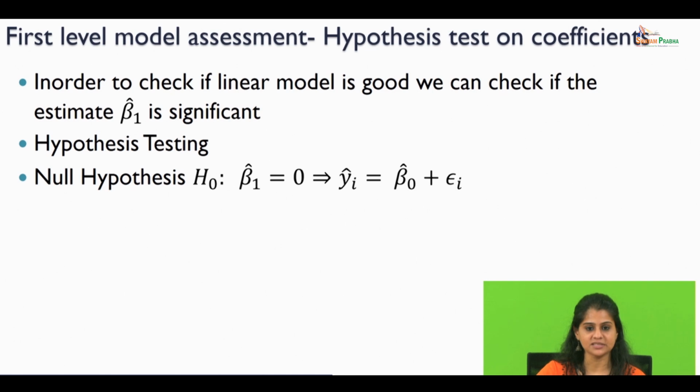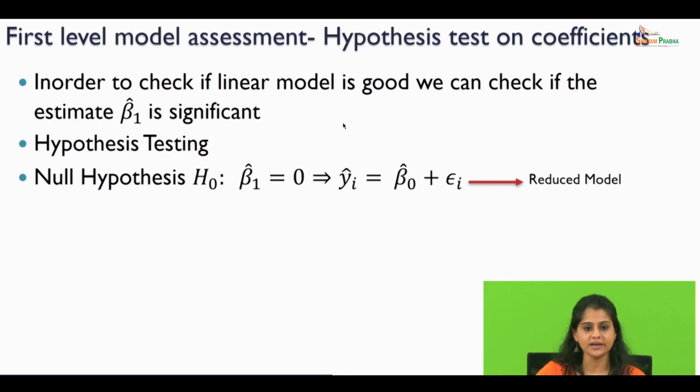So my null hypothesis is beta 1 hat, which is the slope, equal to 0. This means that yi hat, which is my predicted value, is equal to beta naught hat, which is the intercept, plus epsilon i. We also learned in the earlier lecture that this epsilon i is the residual. Now this becomes my reduced model since my slope is equal to 0.